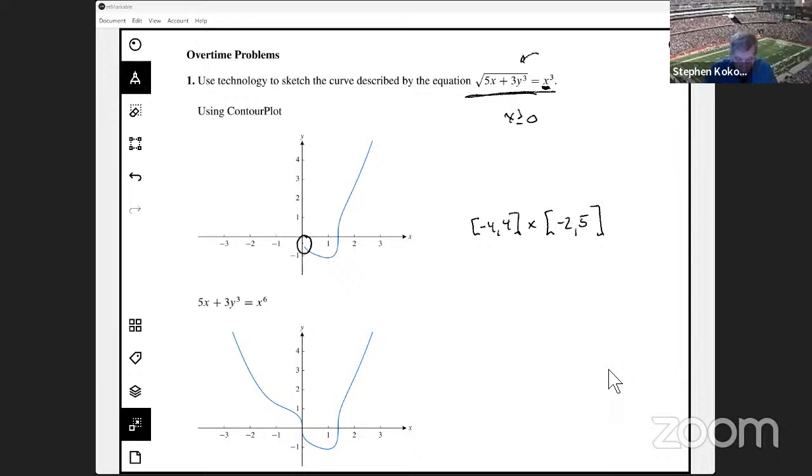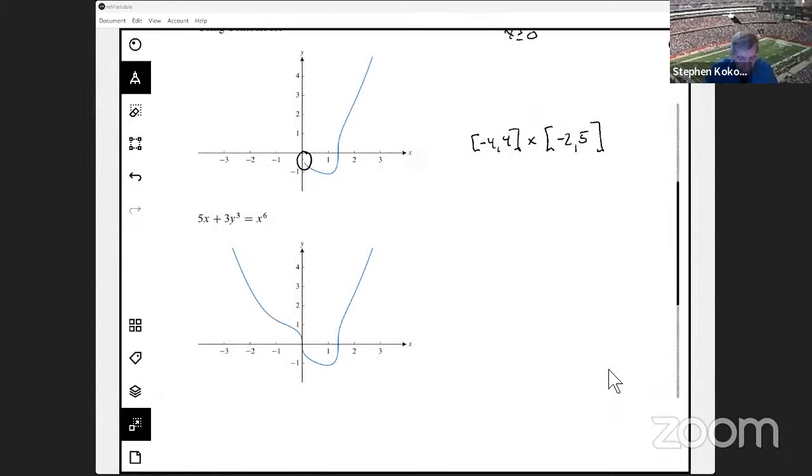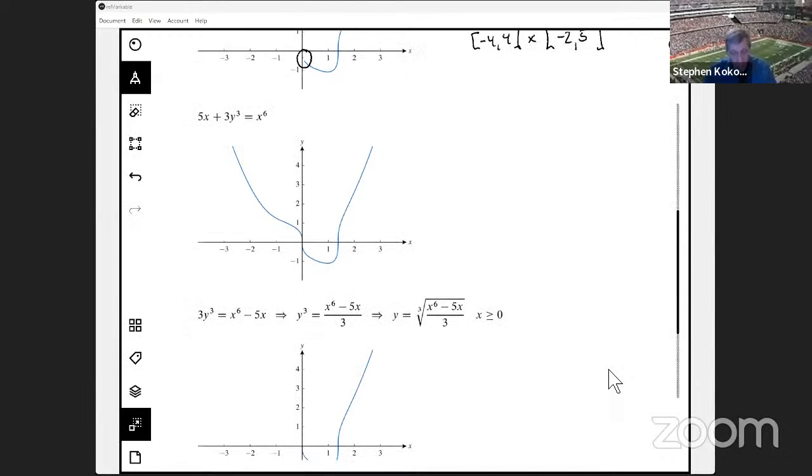So someone suggested, well, okay, let's square both sides of that expression. And when I did that, oddly enough, ContourPlot gave me a much better graph, but it gave me, of course, all of this part over here where x is less than 0. So a sneakier way I found was to square both sides and solve this expression.